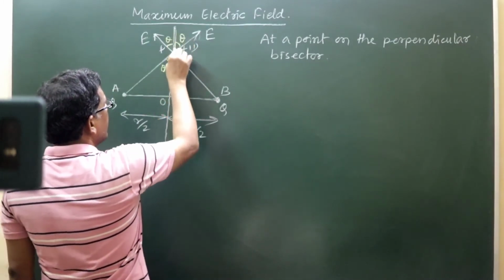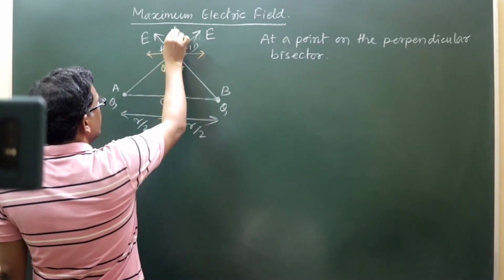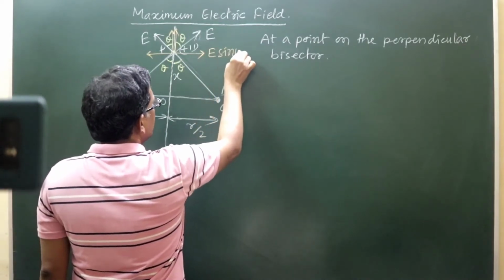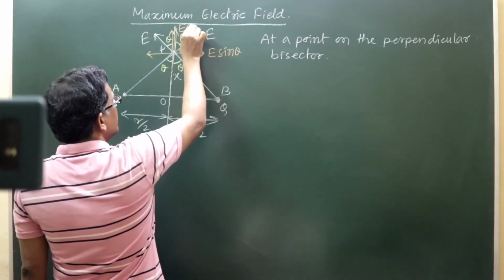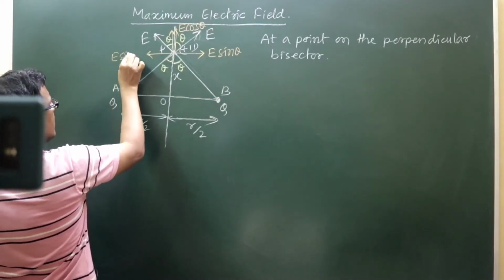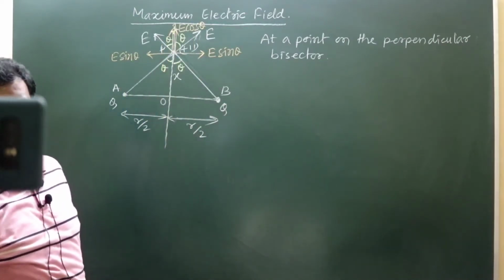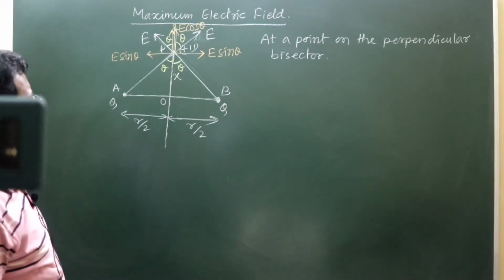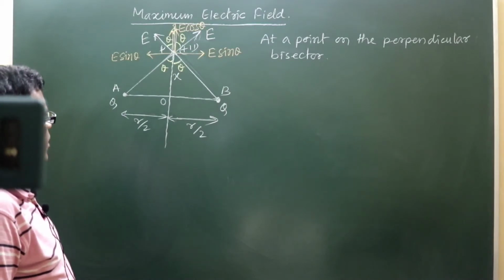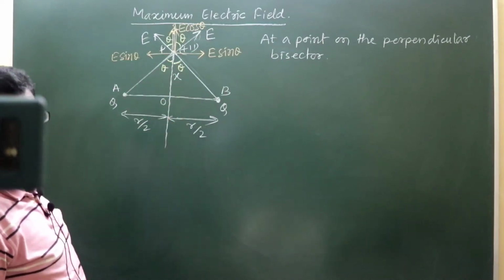So we can resolve this E into two components. Here also we can resolve E into two components. This component will be E sin theta, and this way it will be E cos theta. For this one also, after resolving, it is E sin theta, and in this way it will be E cos theta. So this can be written as twice E cos theta, based on the angle theta made by the lines AP and PB with the perpendicular bisector. As per geometry, these two angles I have taken as theta each.